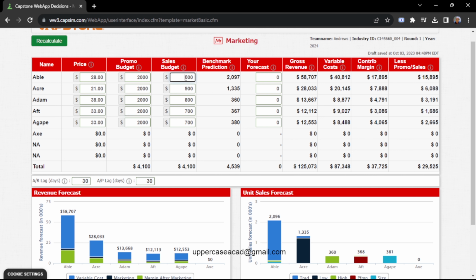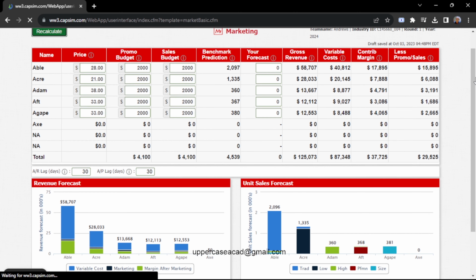Then also my accessibility, which is determined by the sales budget, I'll also give 2,000. Because I want to increase both my awareness and accessibility, I have to invest in my sales and promo budget.